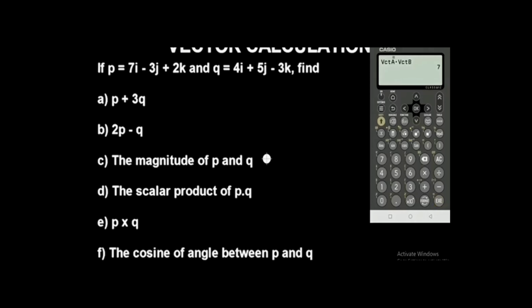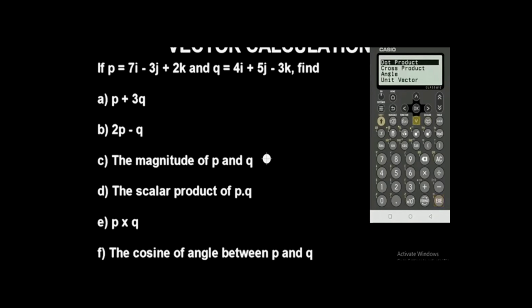So for e aspect, that's cross product of vector p and q. That's what it means. So it's going to be, let's go back, guys. So it will be catalog, vector a, go back to catalog. Alright, vector option, vector calculation.